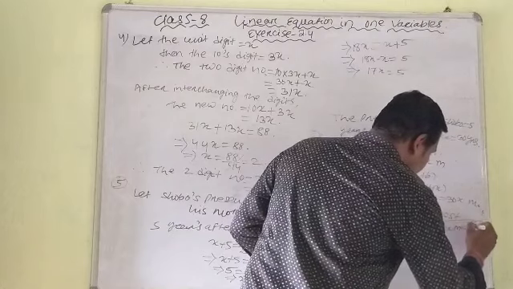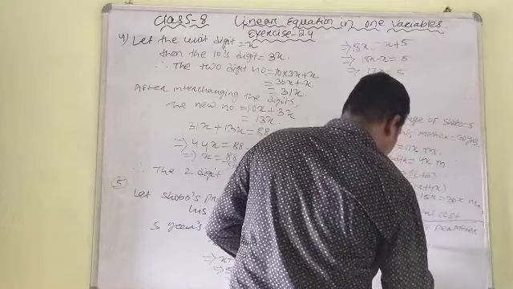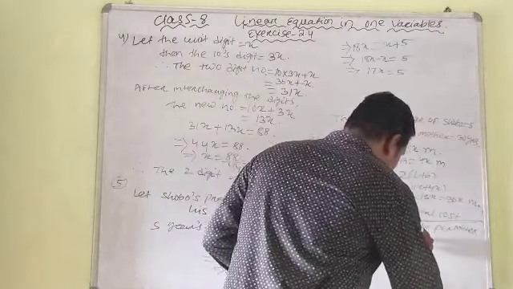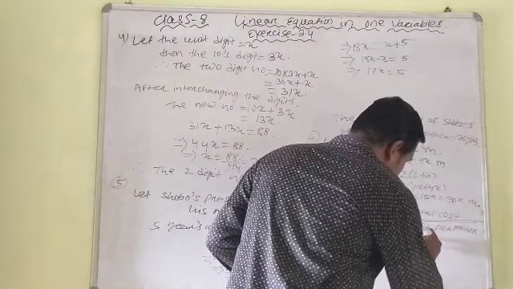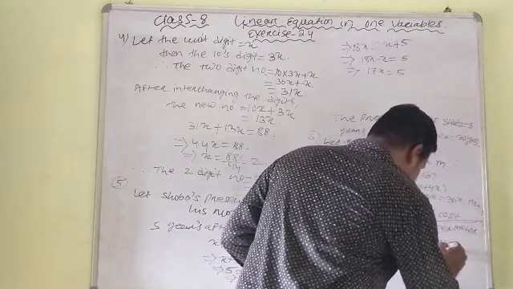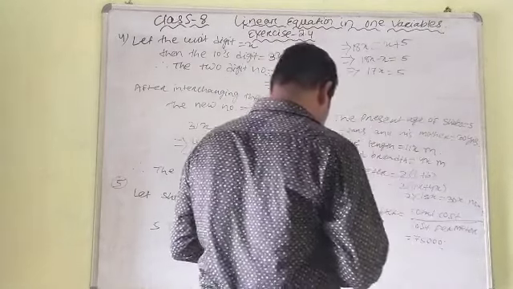Okay, cost per meter. So total cost is 75,000 divided by 100.